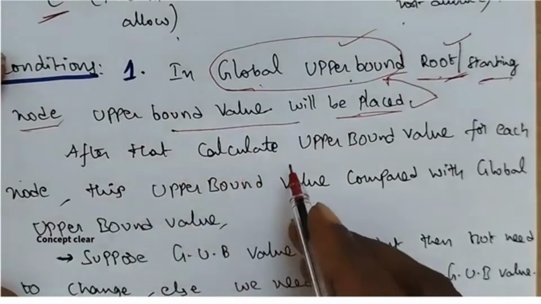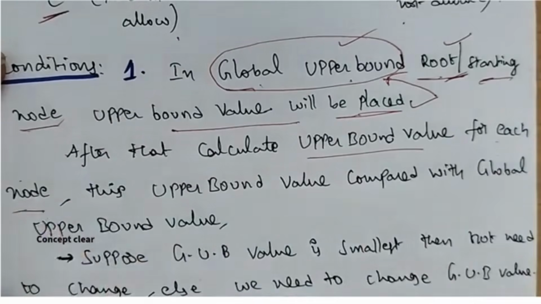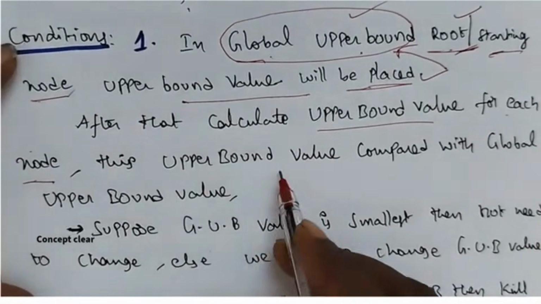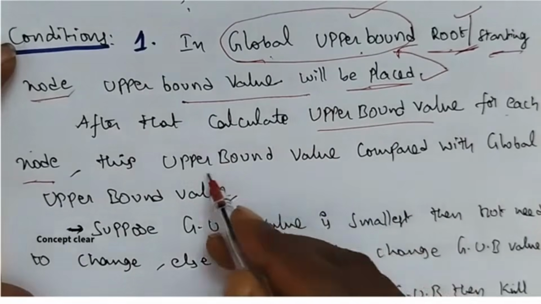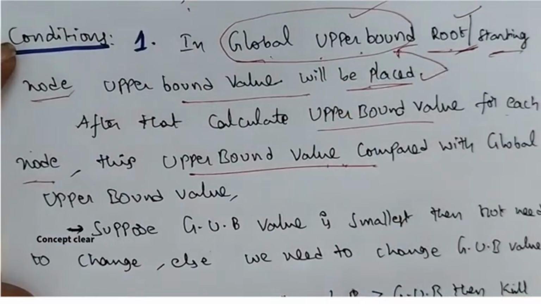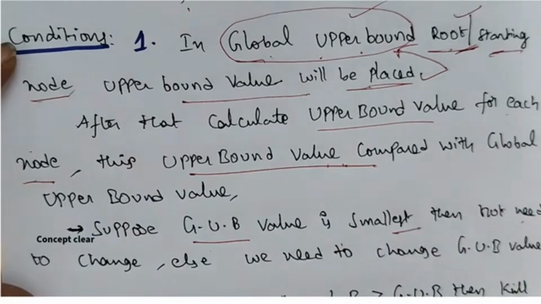After that, we calculate the upper bound value for each node. This upper bound value is compared with the global upper bound value. If the global upper bound value is smaller, there is no need to change it.